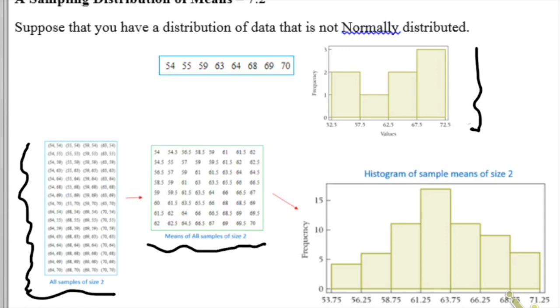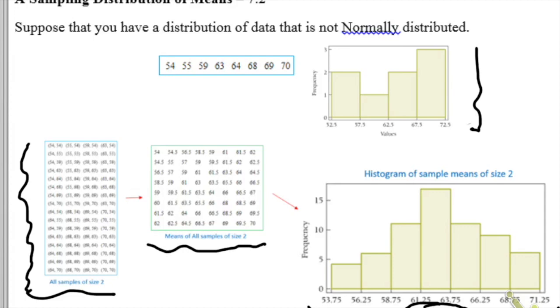So you have 64 means in there. Now redraw the histogram. The only thing is that on the x-axis, you don't have the raw values anymore. You have the means of the samples on the x-axis. And the distribution is now normal. You can see the symmetry right about the middle there.